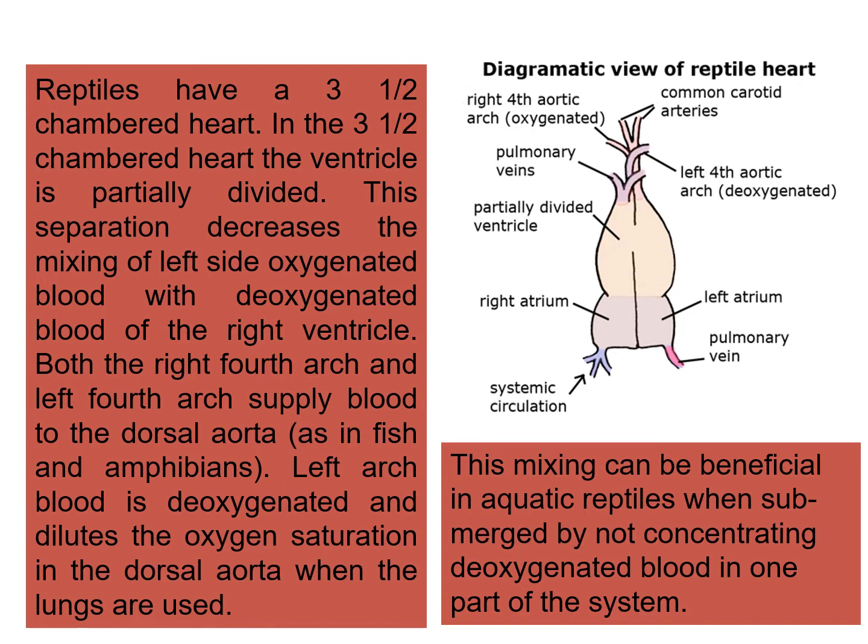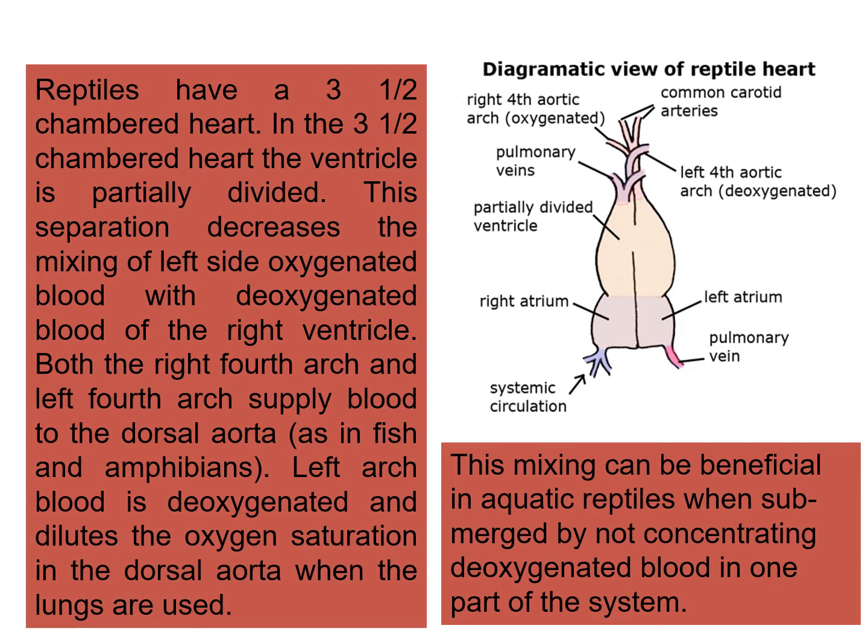Both the right fourth arc and left fourth arc supply blood to the dorsal aorta, as in fish and amphibians. Left arc blood is deoxygenated and dilutes the oxygen saturation in the dorsal aorta when the lungs are used.